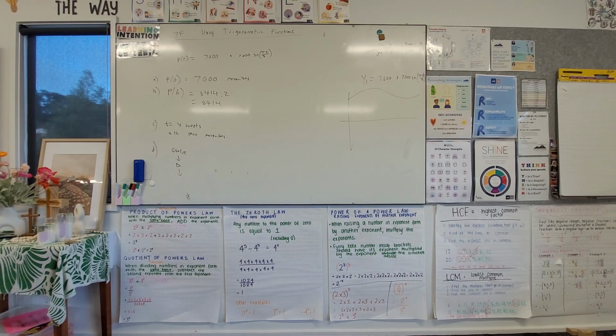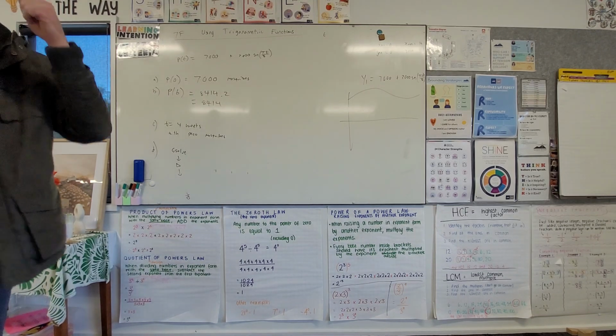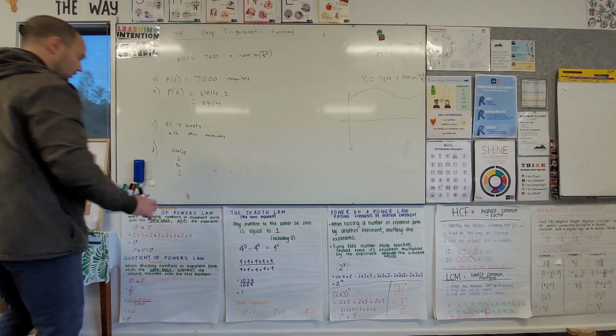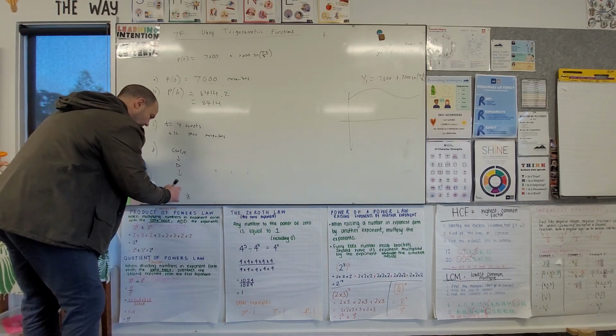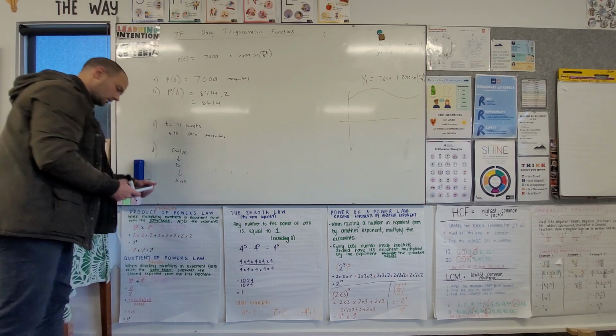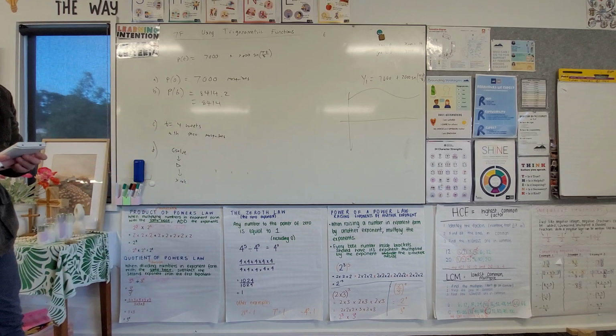Why? Because we are asked when. When is the population? So that means what's the value of time when the population is 8,600. So we're going to go X calc, and when the Y value is 8,600. All right, and what do we get?